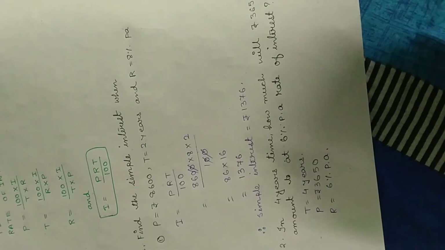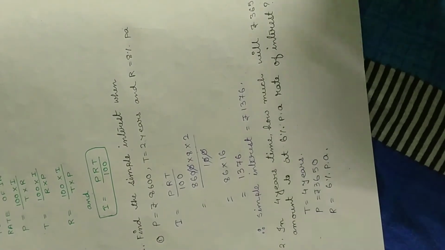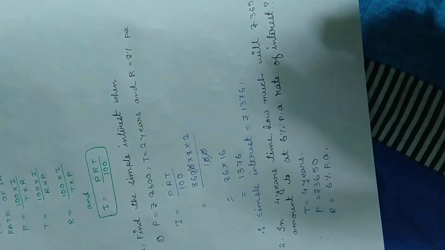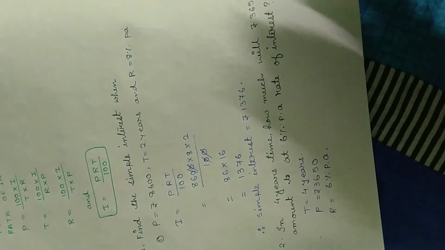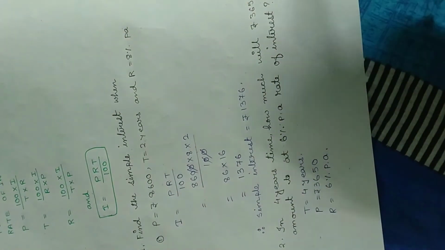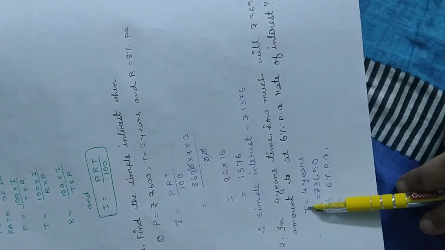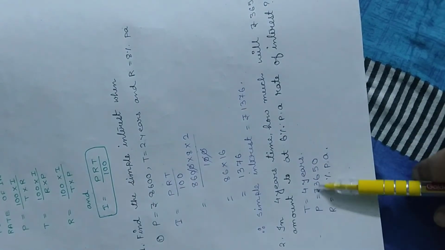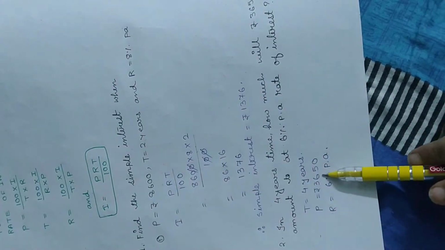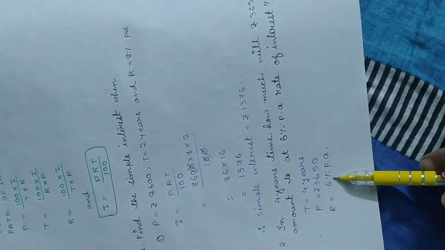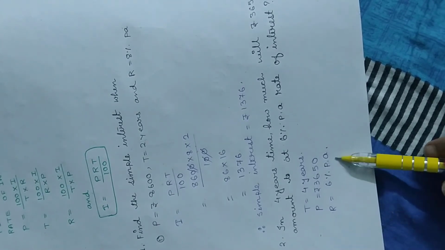So here we need to first find out the interest, and then add the principal amount to that interest, that means how much we saved. So here, what data are given? Time equals 4 years, principal equals rupees 3,650, and rate of interest is 6% per annum.